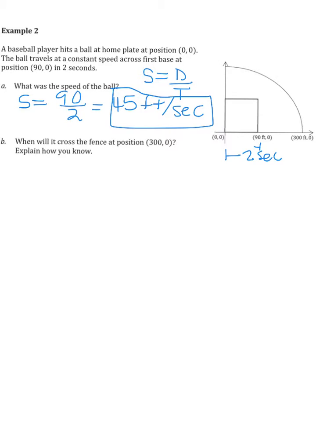When will it cross the fence at position 300? Well, we know that distance is equal to 300, right? And it's traveling at a constant speed of 45 feet per second.